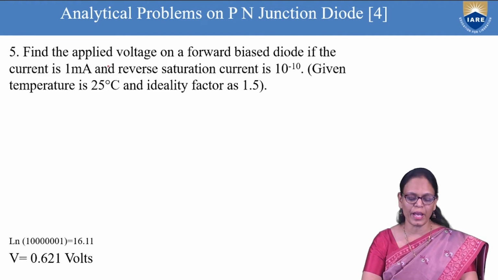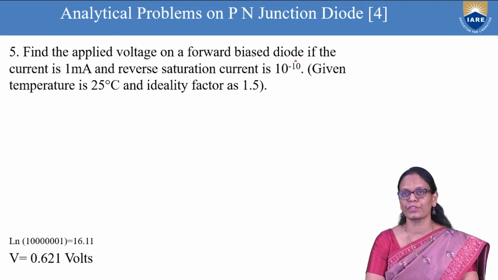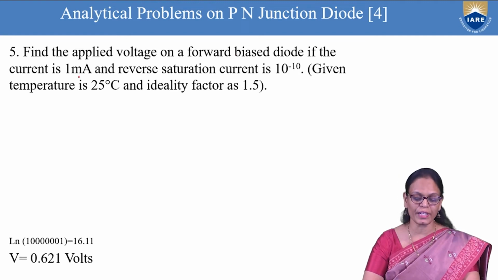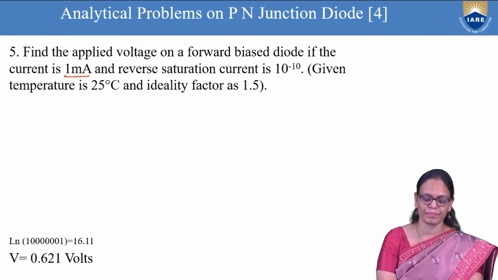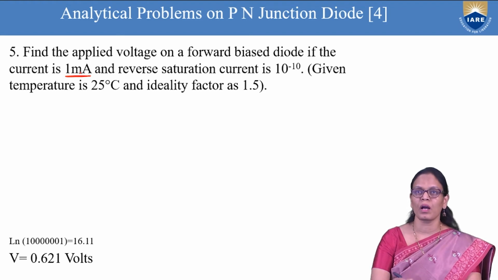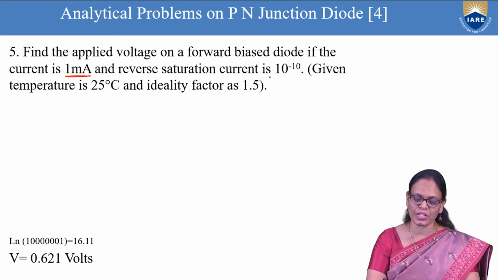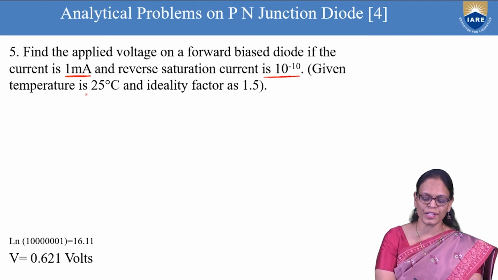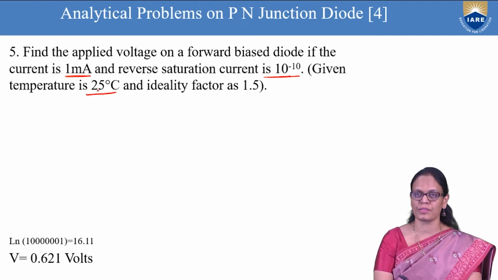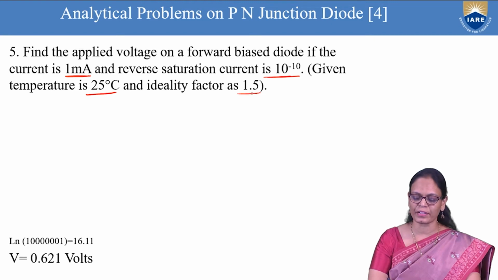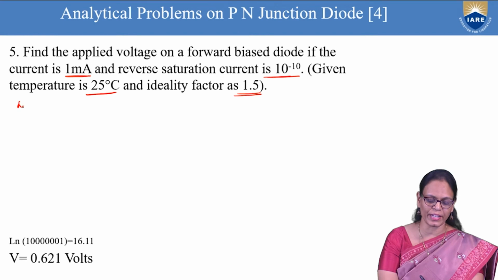Next, find the applied voltage on a forward bias diode if the current is 1 milliampere and the reverse saturation current is 10 power minus 10 ampere. Temperature is 25 degrees Celsius and the ideality factor is 1.5. So let us write the data given.